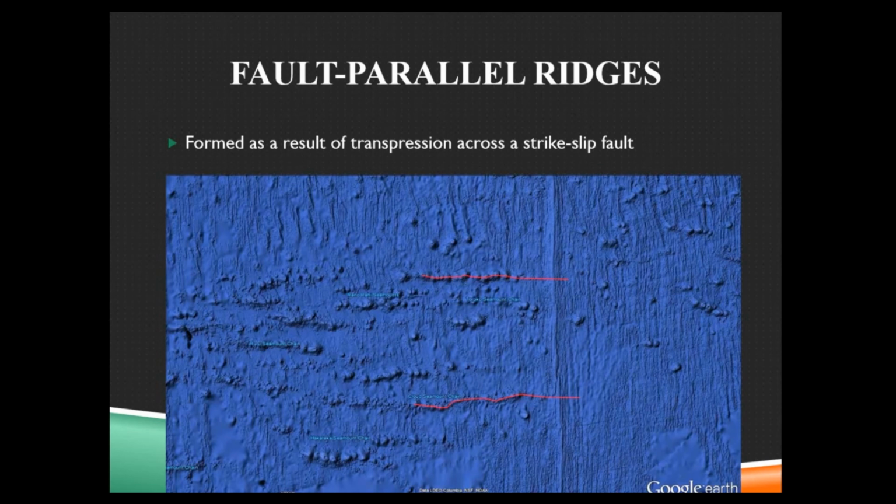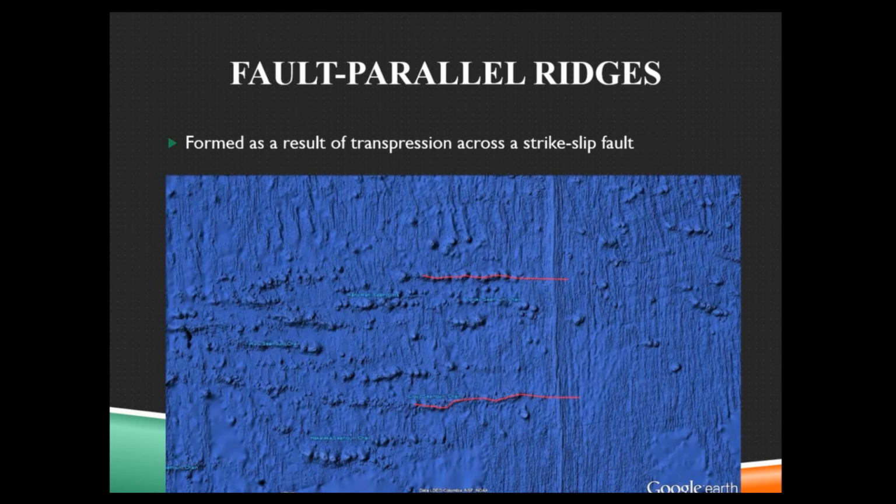These are transform faults that are running perpendicular to a mid-ocean ridge. This happens because of the curvature of the Earth. We're not dealing in a flat surface, we're dealing with the curved surface over a sphere. So we get transform faults that happen along the mid-ocean ridges.